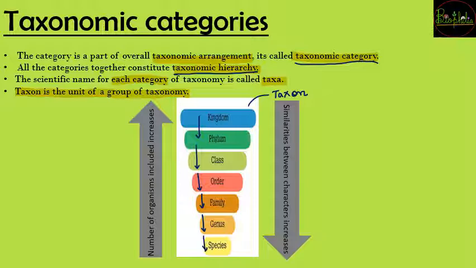Now what you need to understand is that the similarities between the characters increase as you go down this hierarchy, and the number of organisms increases as you go up in the hierarchy.